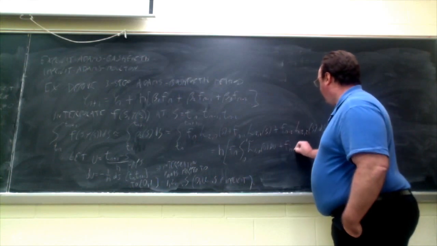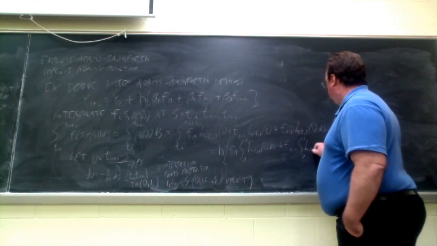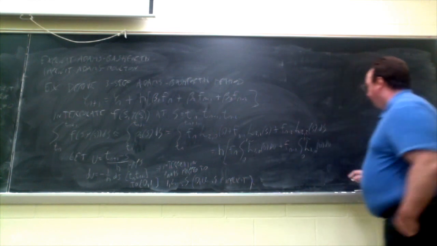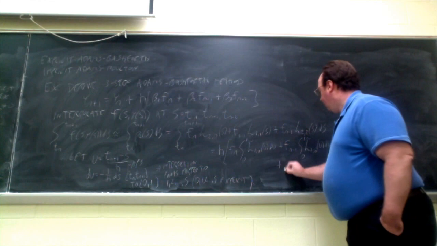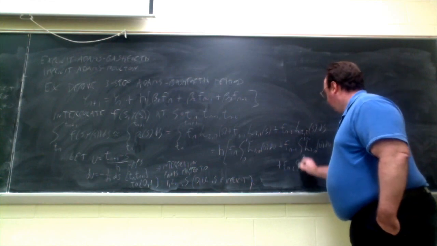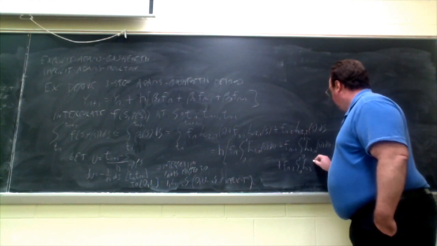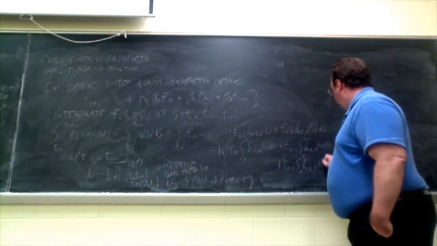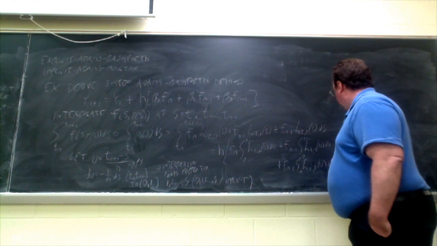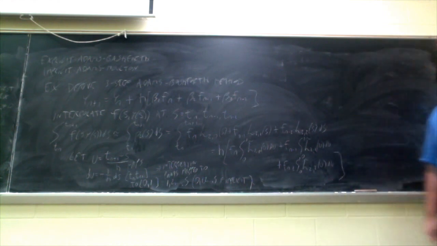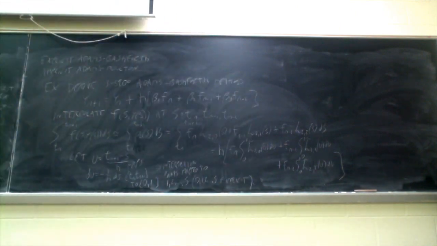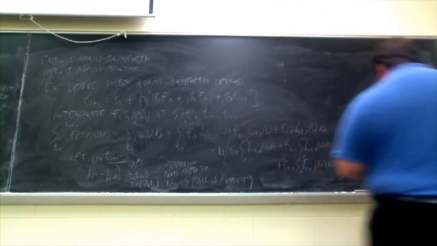So I have fn minus 1 integral, and then, whoops, that's 1, 2.